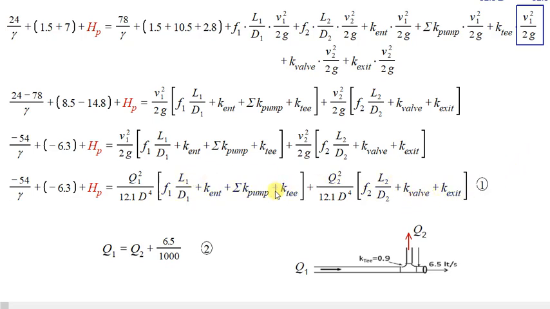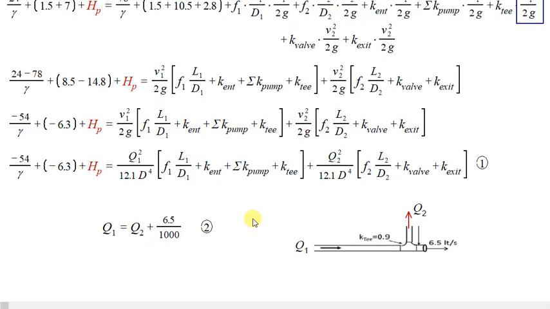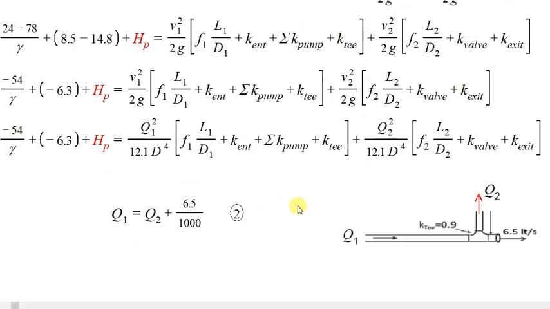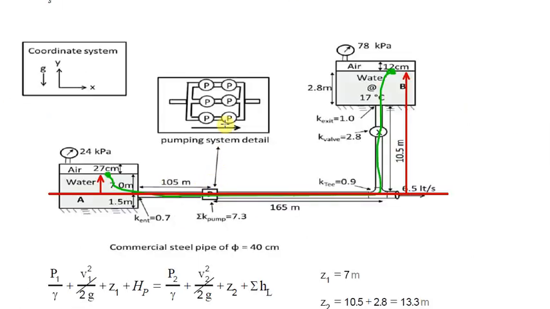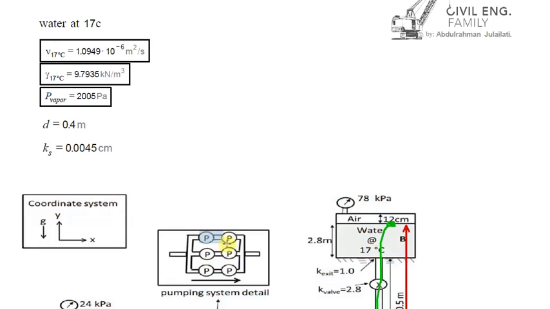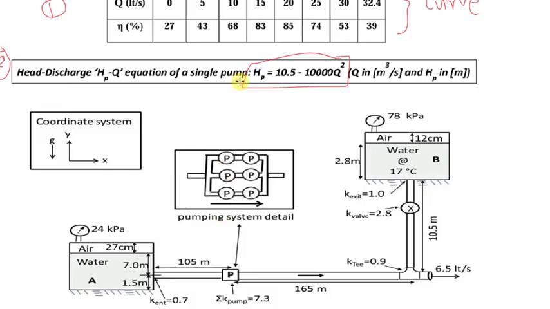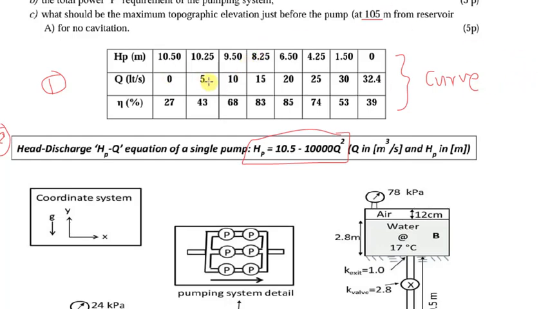Okay then, if you would solve it by curve, what you need to do is modify, because here we have 2 in series and 3 in parallel. So we need to modify this table.